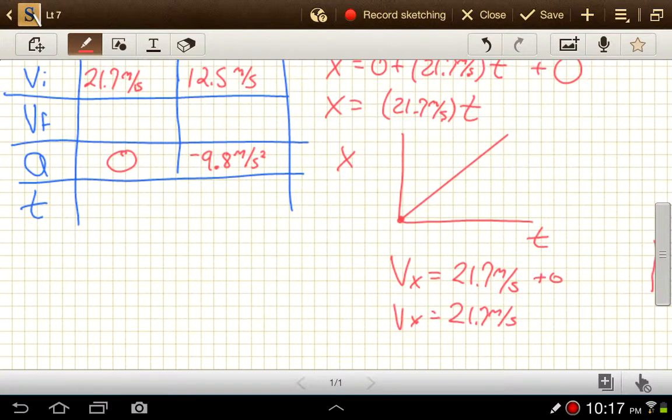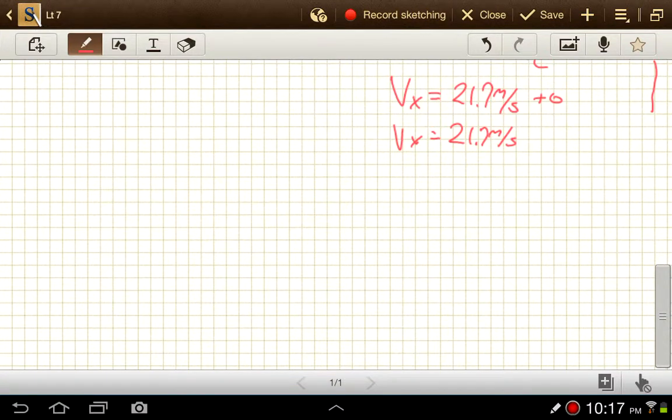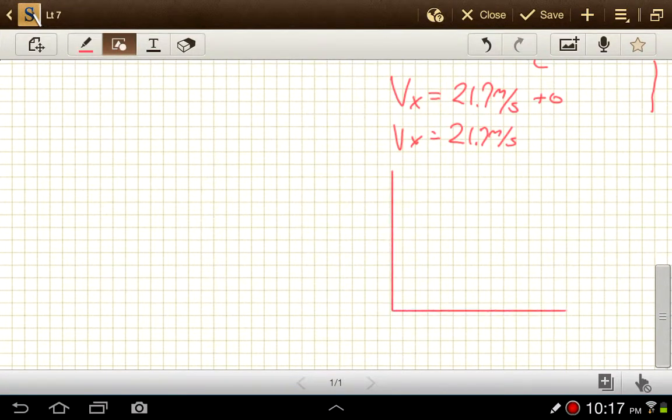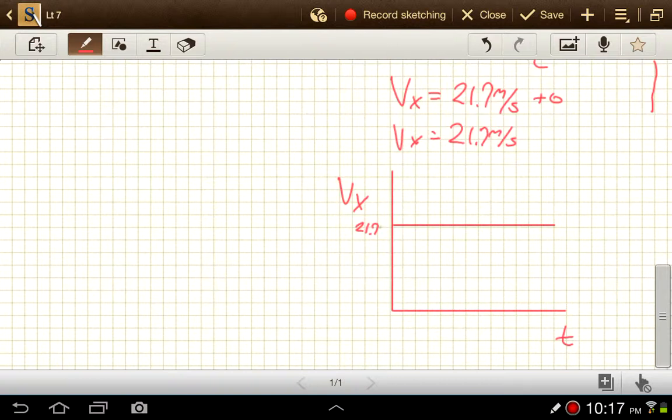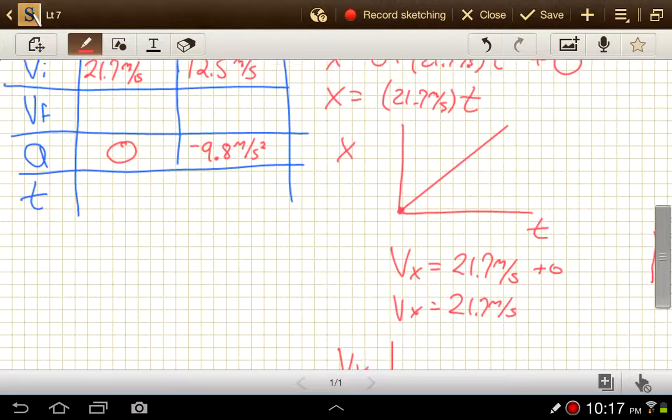So now if we graph that quantity, so this is velocity x, and this is time. Now we've got just a constant value, a straight line at 21.7 meters per second. Okay, so that's the x direction.